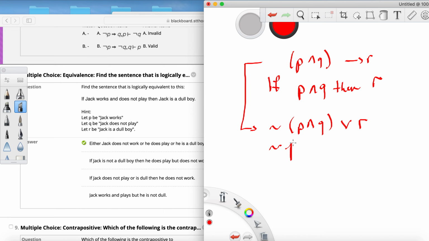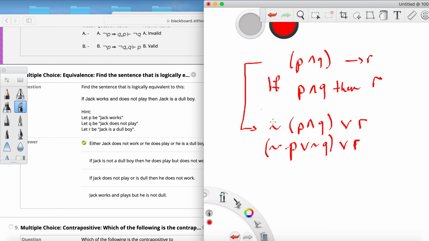So this will become not P or not Q or R. So the not only distributes where there's parentheses.